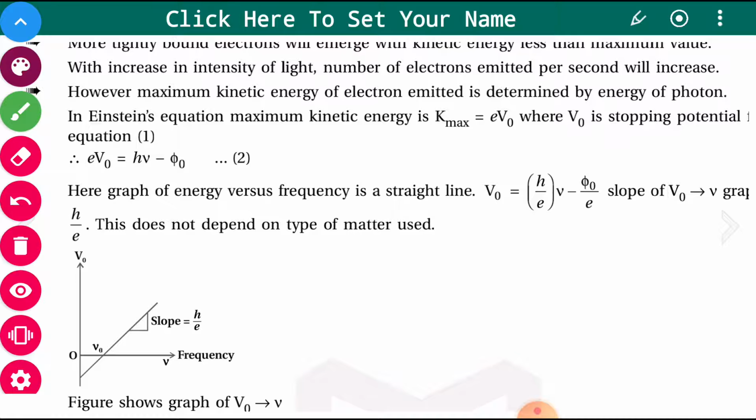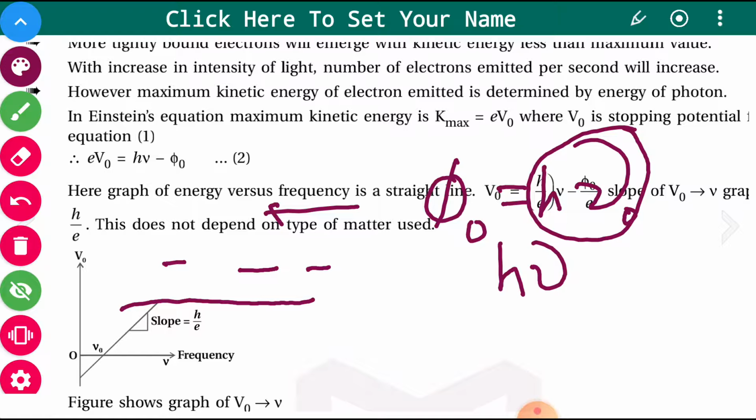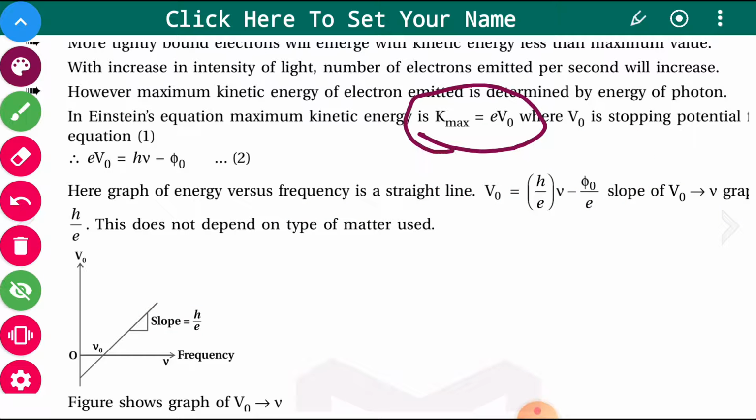In Einstein's equation, the maximum kinetic energy K max is equal to eV0, where V0 is the stopping potential. So instead of K max we write eV0, because the maximum energy of the particular electron will be K max, and that will be equal to eV0, up to where V0 is the stopping potential.